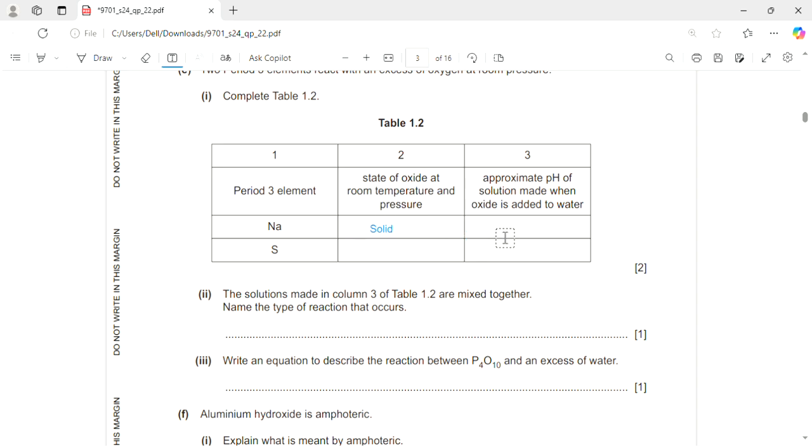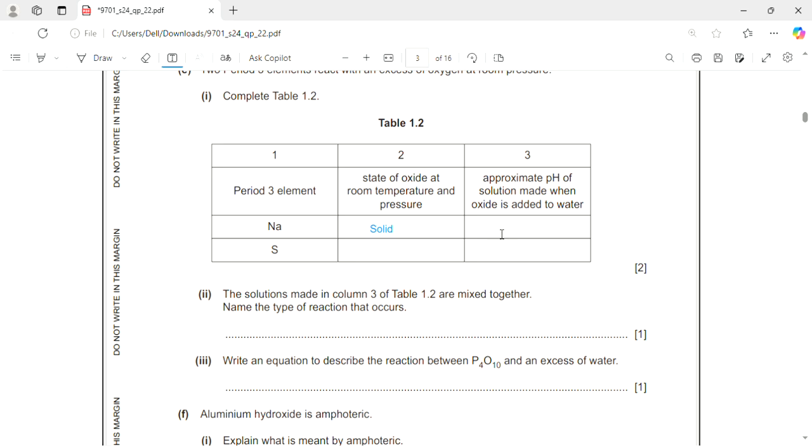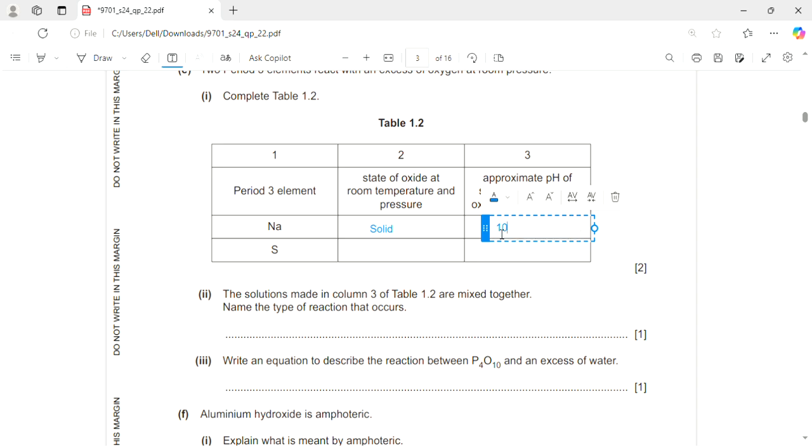Here is the approximate pH, another table we have. I think it's not acidic, so this pH is higher, between 10 and 14. But what about sulfur? Is sulfur's oxide solid? No. The oxide of sulfur, which is sulfur dioxide or trioxide, are gases.